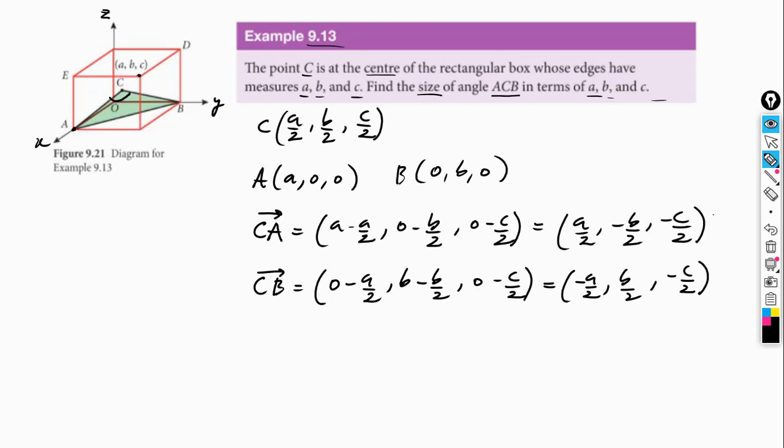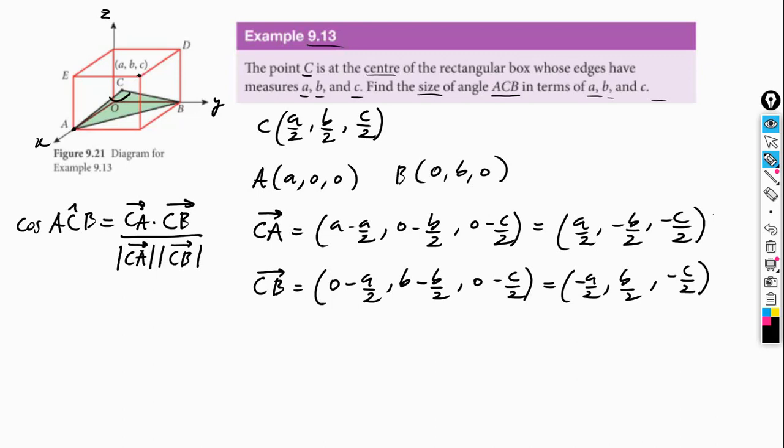So from the cosine rule that we learned, we know that the cosine of the angle ACB is going to equal the dot product of CA and CB divided by the multiplication of the magnitudes of these vectors, so the magnitude of vector CA times the magnitude of vector CB.